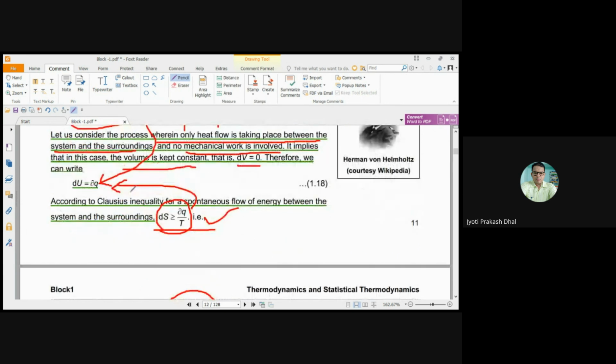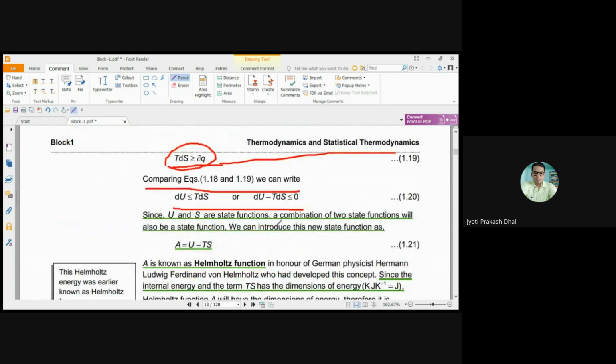And as dV equals 0, the first law of thermodynamics is converted into dU equals del q, that is equation 1.18. Now if we combine both the equations, we can write dU is less than or equal to TdS, or dU minus TdS is less than or equal to 0. Since internal energy U and entropy S are state functions, a combination of the two state functions will also be a state function.